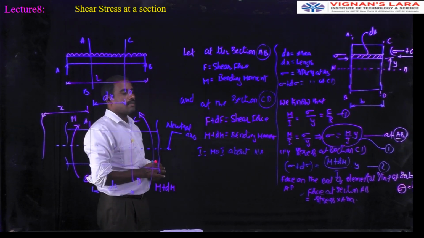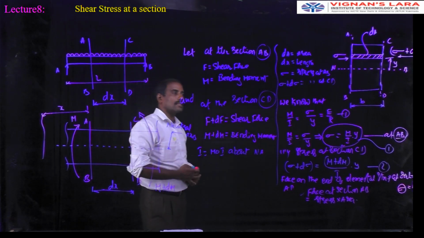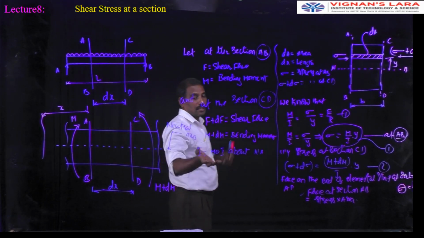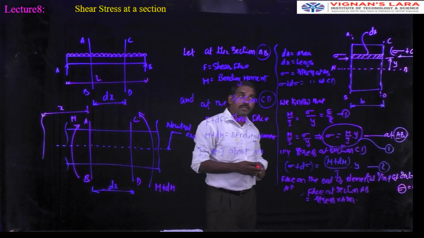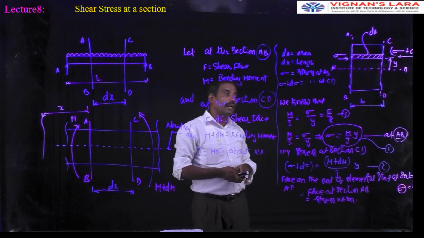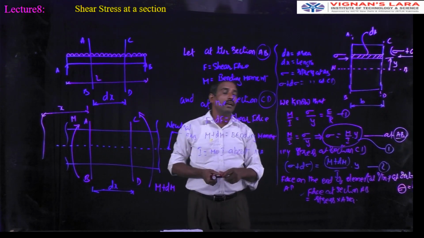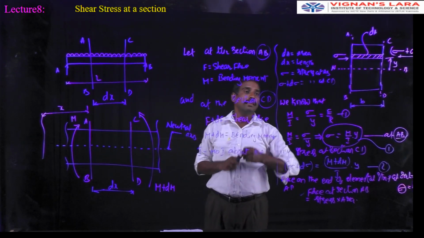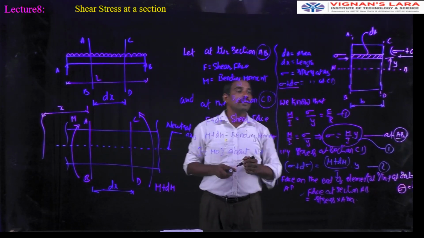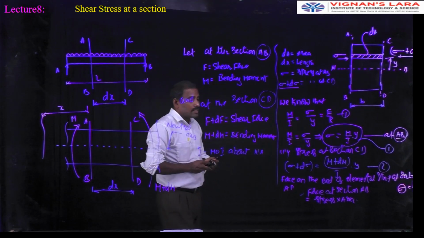We know that the moment of inertia of the cross section about the neutral axis is I. The stress at section AB is sigma, and the stress at section CD is sigma plus delta sigma.